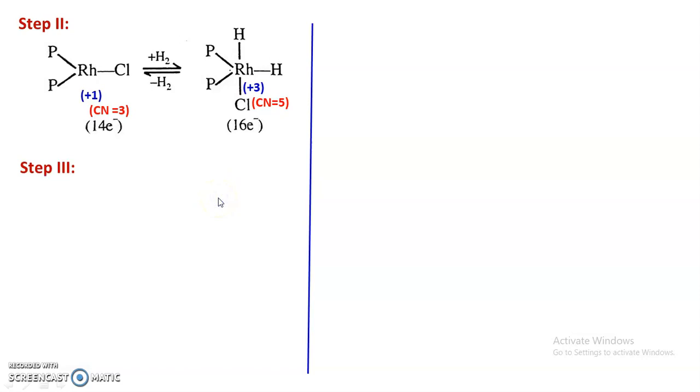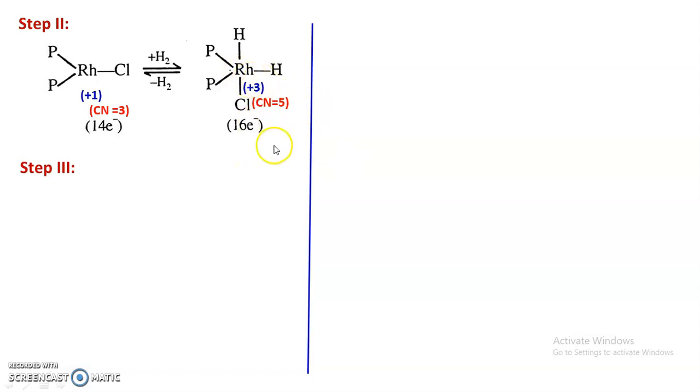Now step 3. The 5 coordinate complex now has a vacant coordination site, and a carbon-carbon double bond can coordinate at this site. Actually, the coordination number of rhodium can be expanded up to 6.